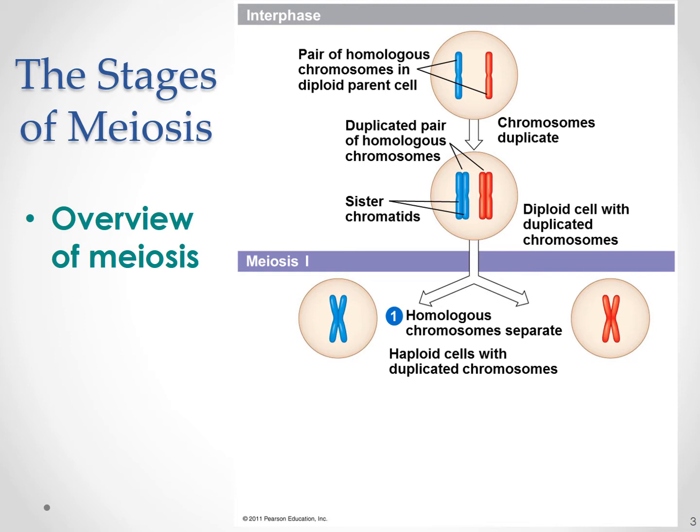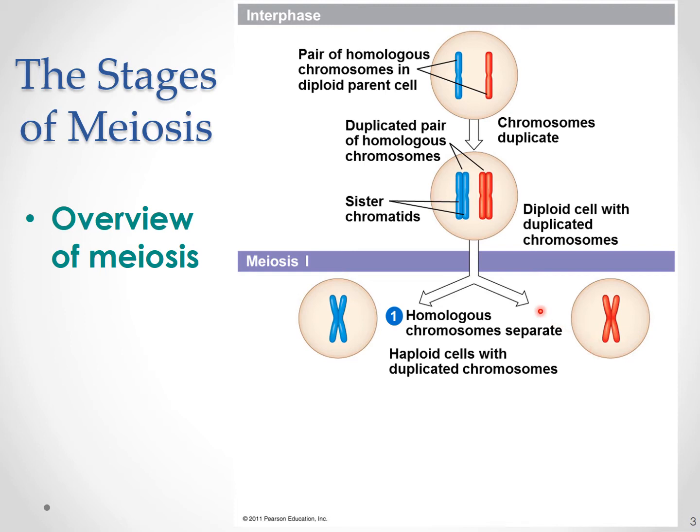Now, this really isn't an accurate representation of what's actually happening here. Each of these cells are going to have both blue and red chromosomes, or should, because there's an event that occurs during meiosis 1 that results in the mixing or crossing over of chromosomes so that they exchange equal segments of DNA.